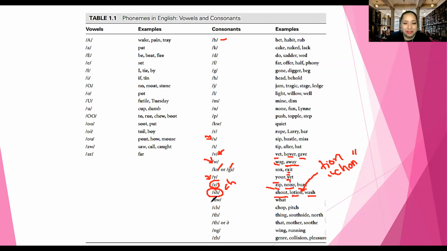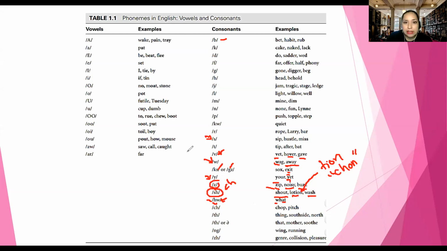HW, whenever you see this phoneme, it's only the W or the U sound, like here: what. So whenever you see that H next to another phoneme, either a vowel or, probably, a consonant, the sound of the H doesn't exist.